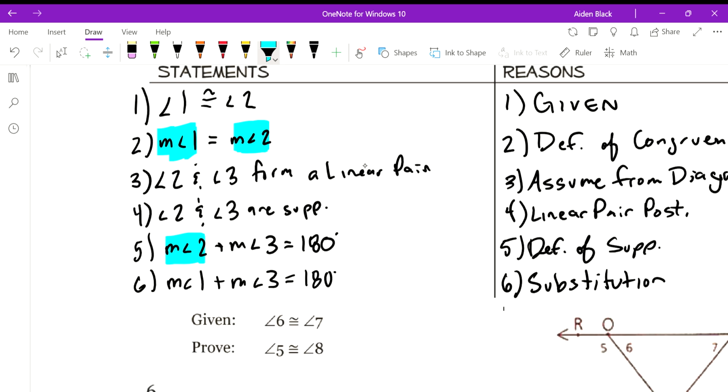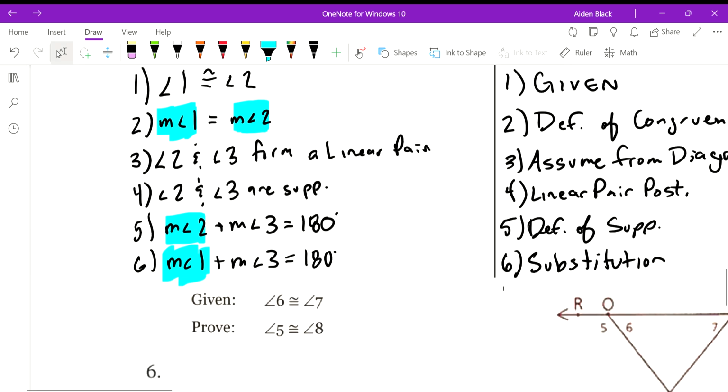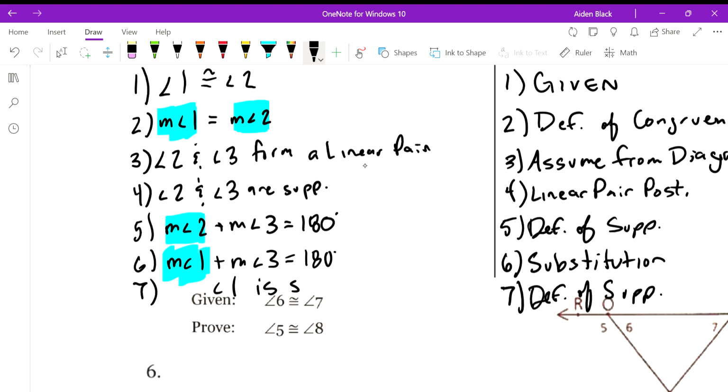Okay, so let's highlight this in blue so you guys can see clearly the substitution. Now we're technically done, right? The measure of angle 1 plus the measure of angle 3 equals 180. So by definition of supplementary, we know that angle 1 is supplementary to angle 3.